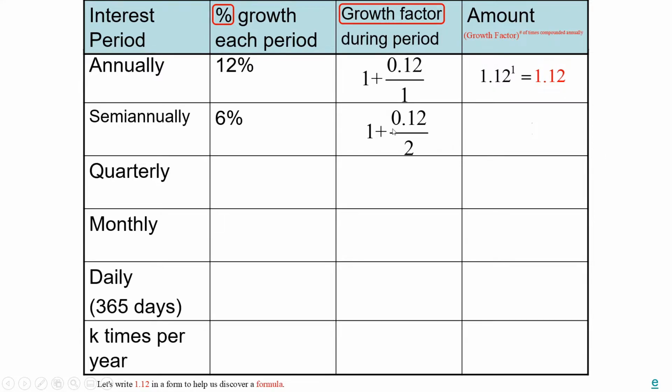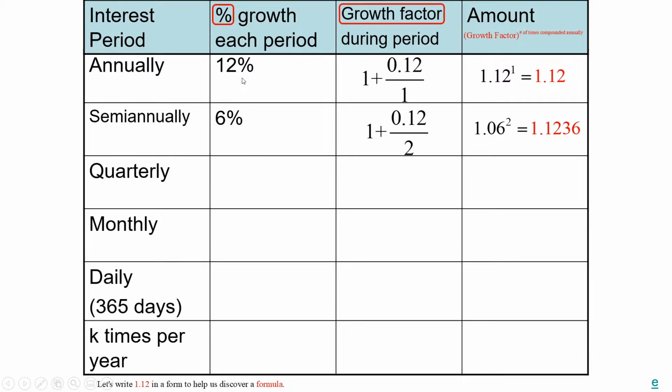And that's going to be a growth factor of 1.06, which we already knew, but that's then going to be to the second power because we're compounding twice every year. 1.06 to the second, and when I punch this out, I get a number slightly bigger than 1.12, 1.1236.